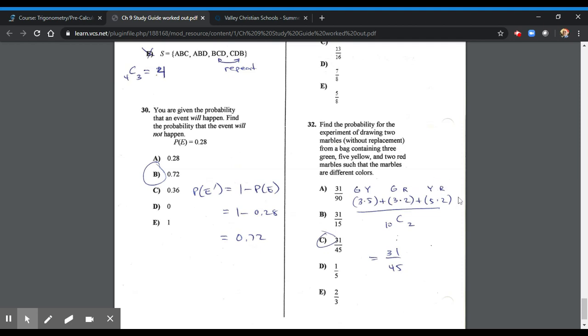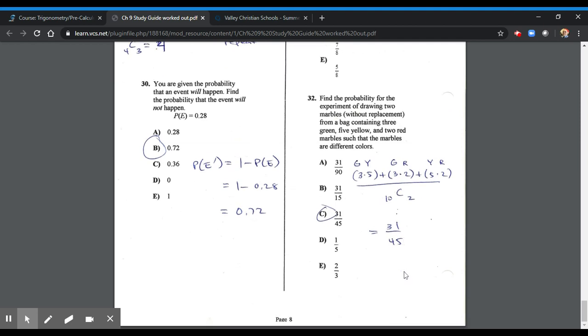I could pick a yellow and a red. 5 ways to pick a yellow, 2 ways to pick a red. Multiply those all together and divide by, there are 10 ways to pick 2 marbles. It turns out to be 31 out of 45. So the probability of drawing 2 of different colors is 31 out of 45.